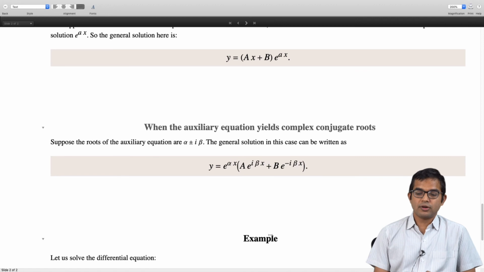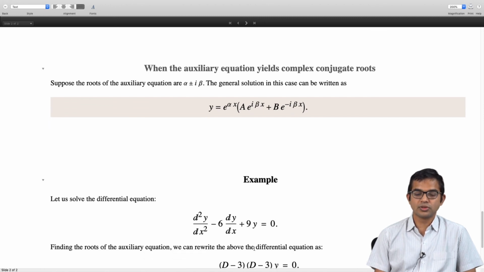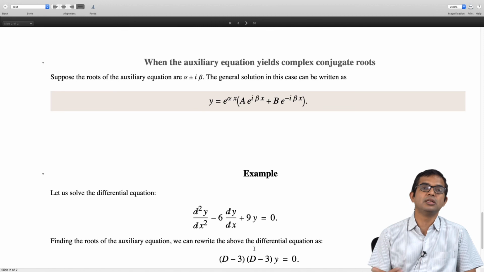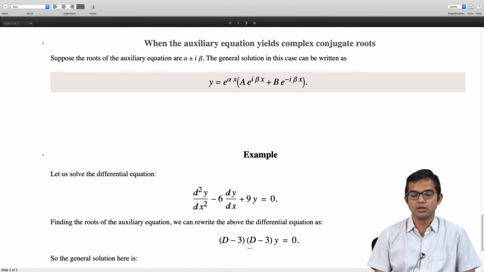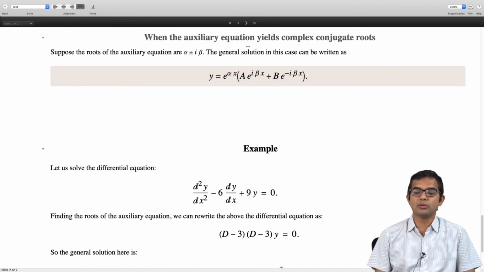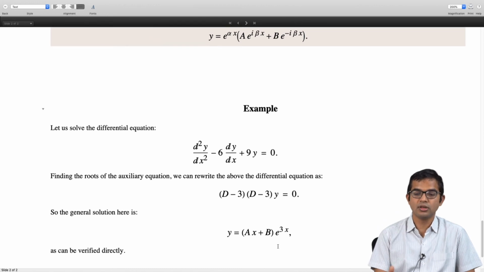Let's just quickly look at one example. If I have this differential equation, d squared y by dx squared minus 6 dy by dx plus 9y equal to 0, the roots of this auxiliary equation turn out to be just 3. They're repeated roots, so you get (D minus 3) times (D minus 3) times y equal to 0. So the general solution according to the above prescription is (Ax plus B) times e to the 3x, as can be verified directly.